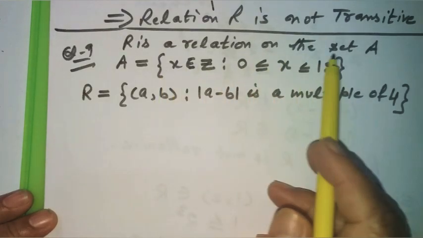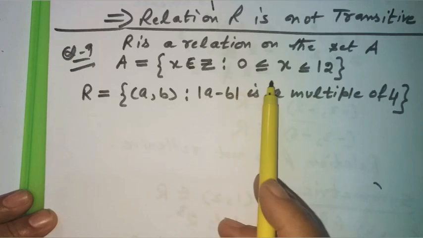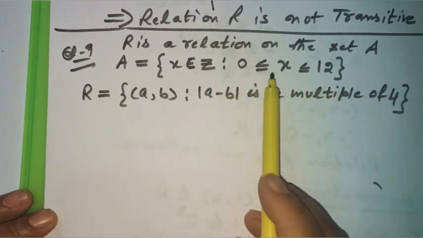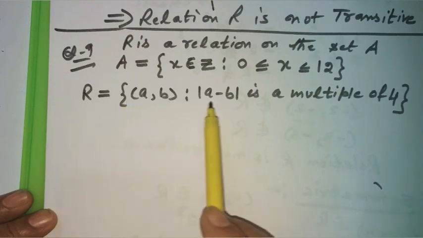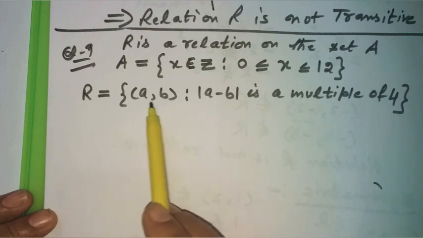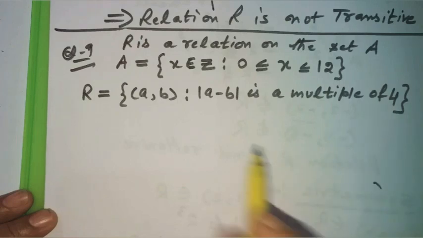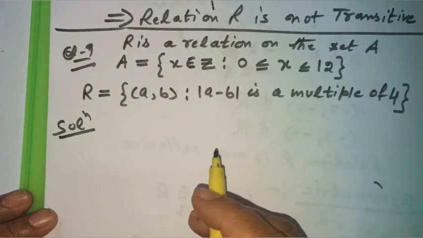So R is a relation on the base set A, where set A contains all the integers between 0 to 12, and R contains all the ordered pairs such that the modulus of the difference of these two numbers a and b is always a multiple of 4. Now in the question it is already written that show that the relation is an equivalence relation.